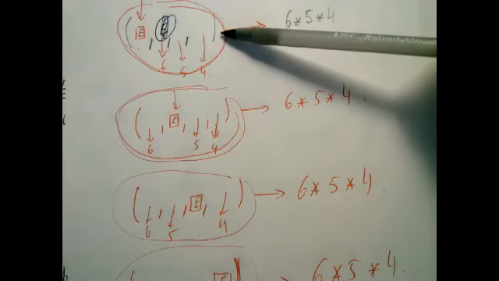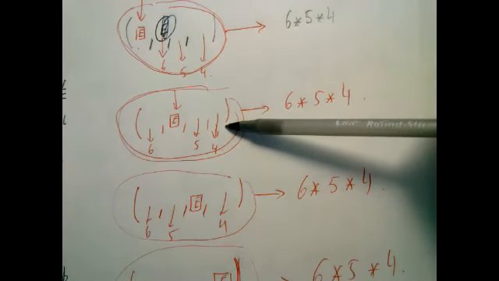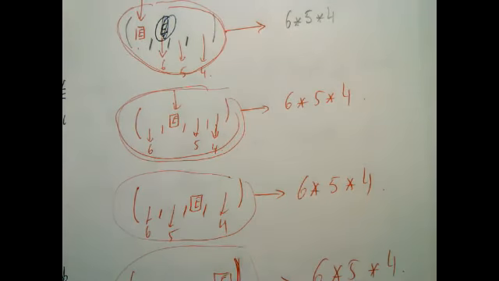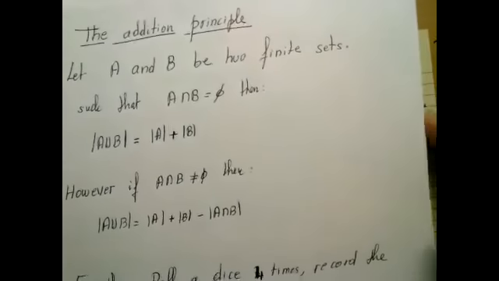I took all those that have E in the first, all those in the second, and then I had to add the number of elements in each one of them. This motivates intuitively the second principle that we will call the addition principle. I'll write it and explain it very clearly.